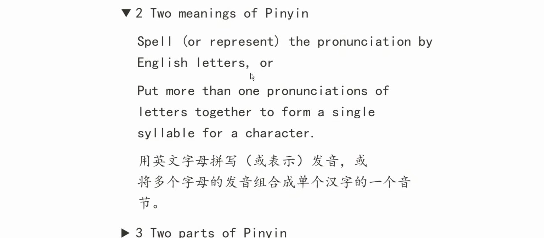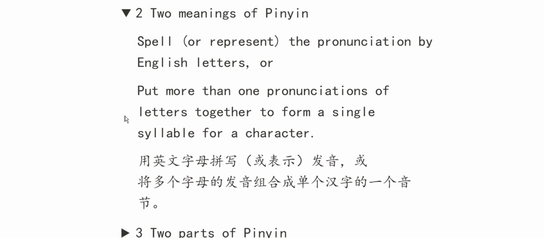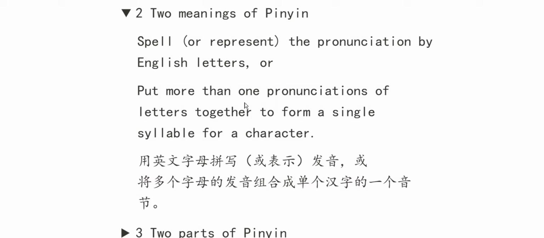And the second meaning is we can put more than one pronunciations of letters together to form a single syllable for a character. So in practice, we mainly use the second function of pinyin, or the second meaning of pinyin. We will put some letters together to form a single syllable for a character.